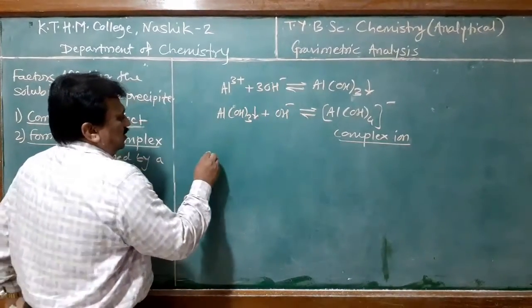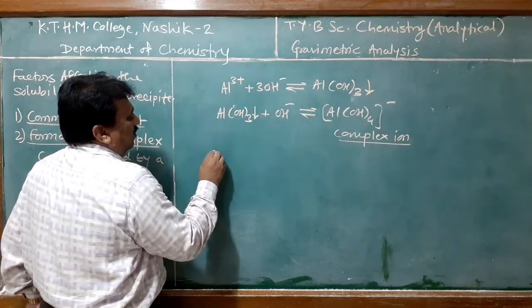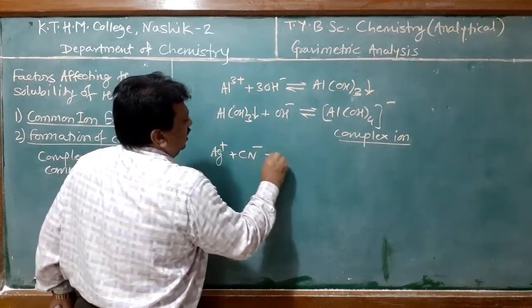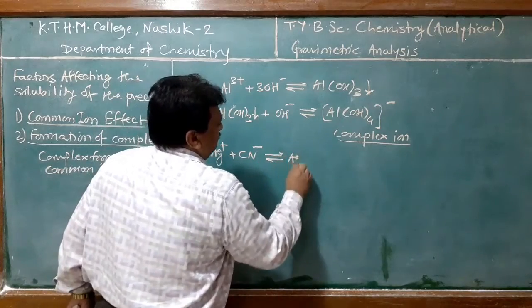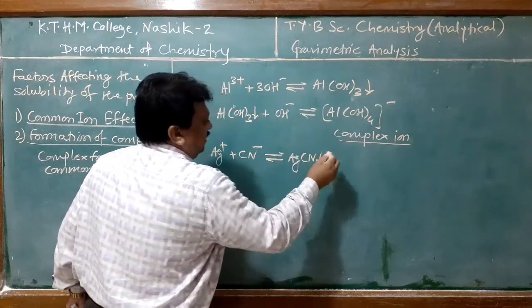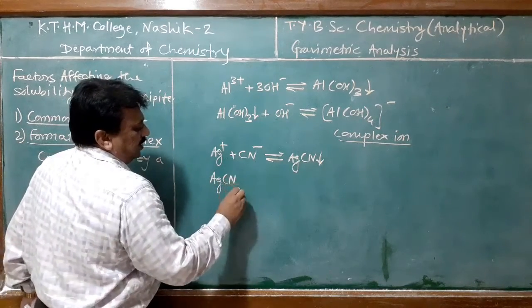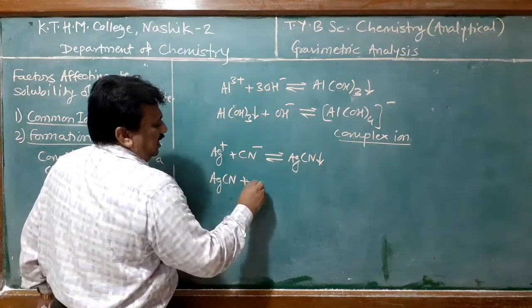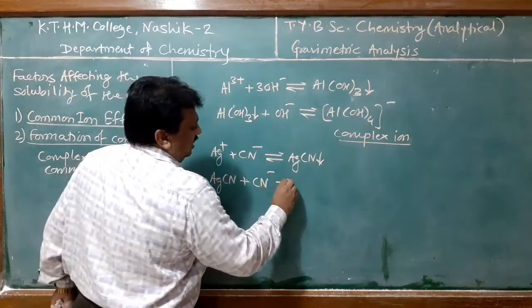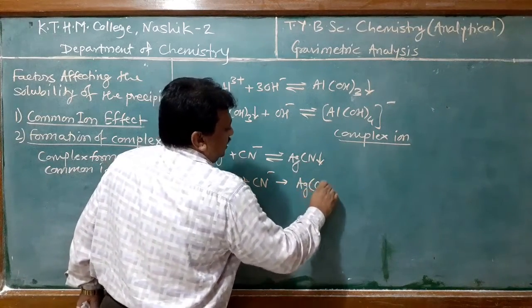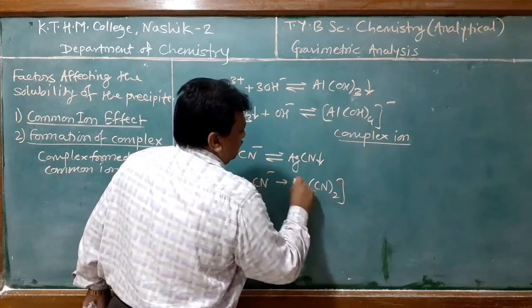Similarly, suppose we have Ag+ and CN minus, it gives AgCN precipitate. But when excess of CN minus ion is added, then it gives the soluble complex Ag(CN)2 minus.